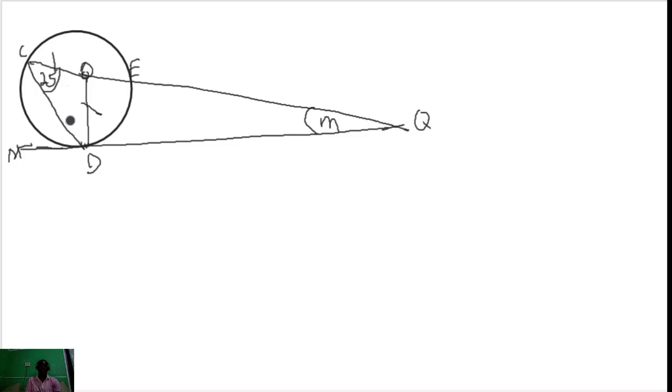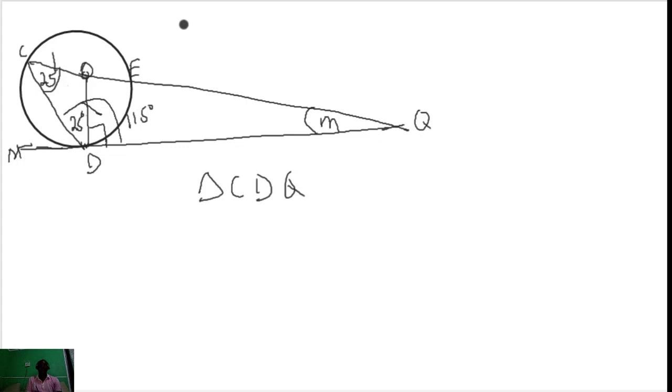Then we can see that this is 25 degrees. Again, we can conclude that this side is 90 degrees. Because it's 90, we can conclude here to be 115 degrees.